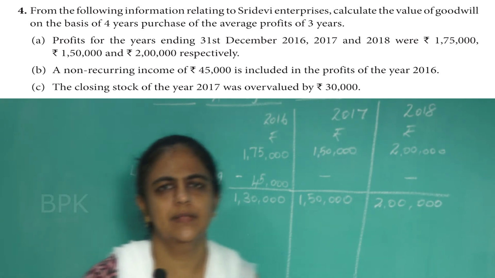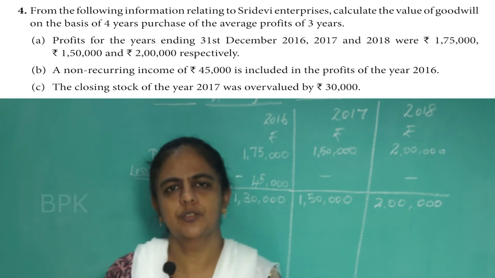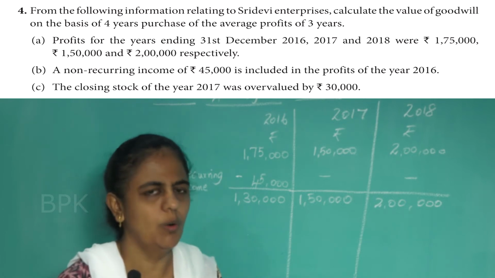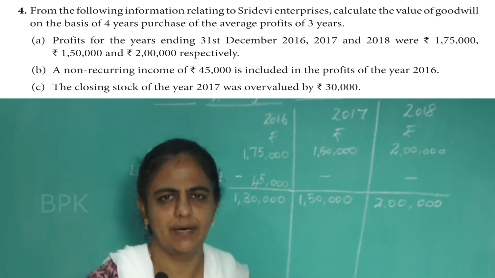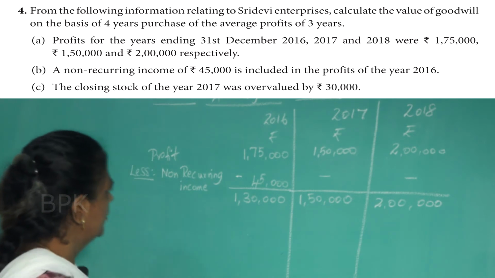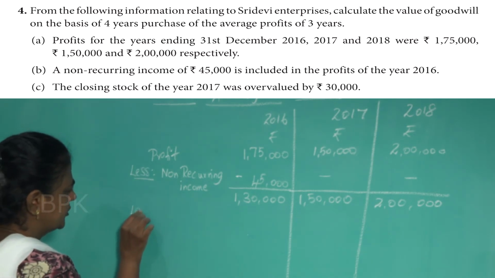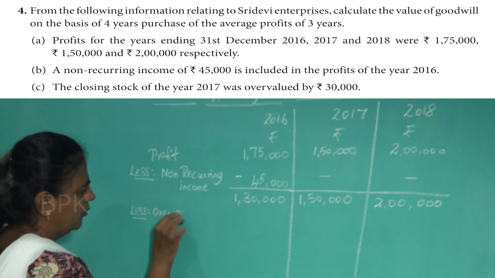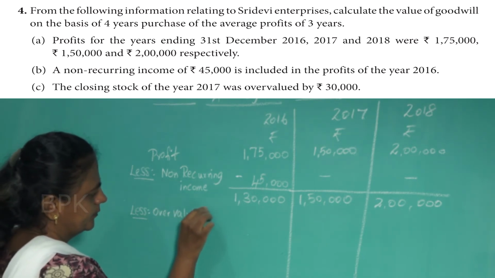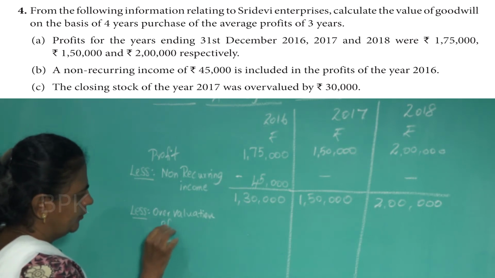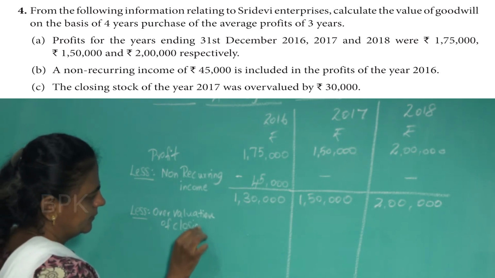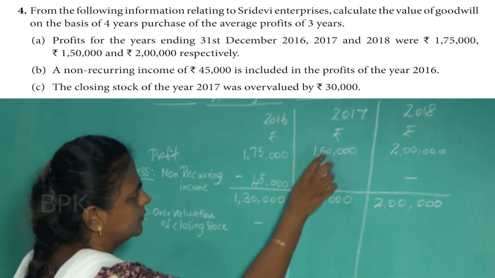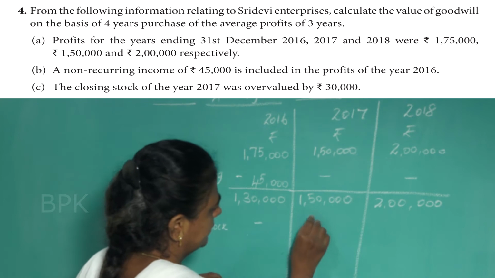Then what else is given in the question? See the question. Stock was overvalued by rupees 30,000 for the year 2017. Overvaluation of closing stock also we have to deduct. Subtract overvaluation of closing stock for 2017, 30,000.